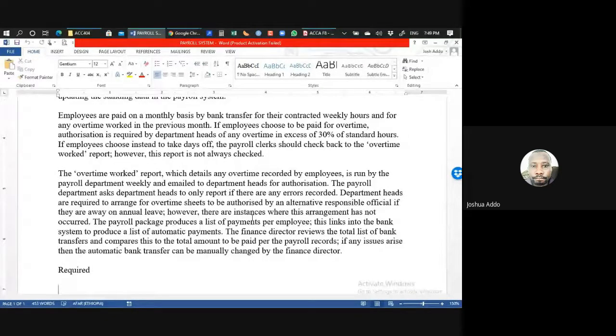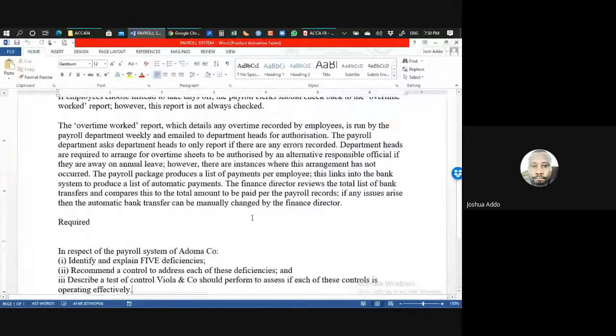If employees choose to be paid for overtime, authorization is required by department heads for any overtime in excess of 30% of standard hours. If employees choose instead to take days off, the payroll clerks check back to the overtime worked report. However, this report is not always checked. The overtime worked report, which details any overtime recorded by employees, is run by the payroll department weekly and emailed to department heads for authorization.